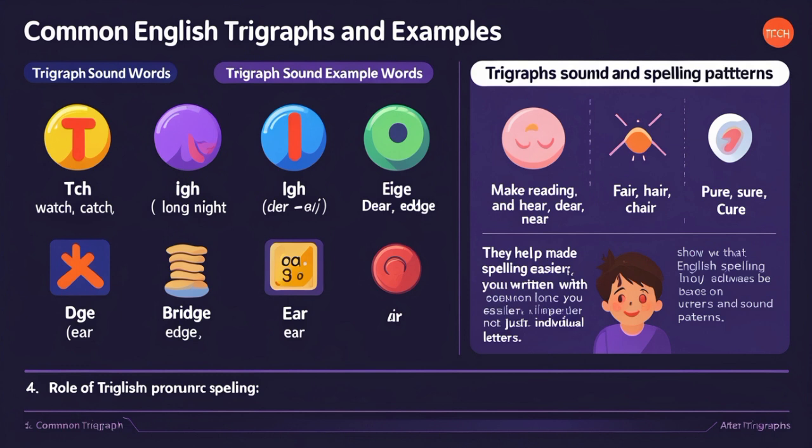8. How to teach or learn trigraphs. If you are a teacher or student, here are some effective methods to learn and remember trigraphs. A. Visual learning. Write trigraphs on flashcards and show pictures of words that contain them. Example: card TCH, picture: watch, match. B. Phonics games. Play matching or sound games where students find words with the same trigraph sound.